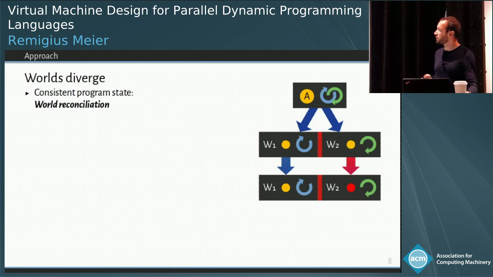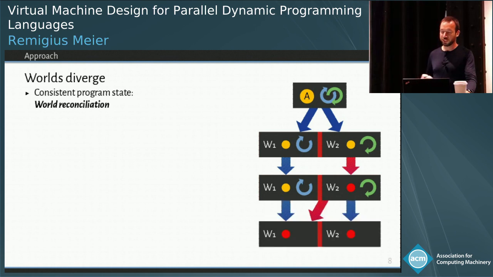And there we do something which we call world reconciliation. On the most basic level, this means we import the changes of other worlds into our world so that they agree again, so that they reach a consistent state. We do this continuously and, of course, transparently again.